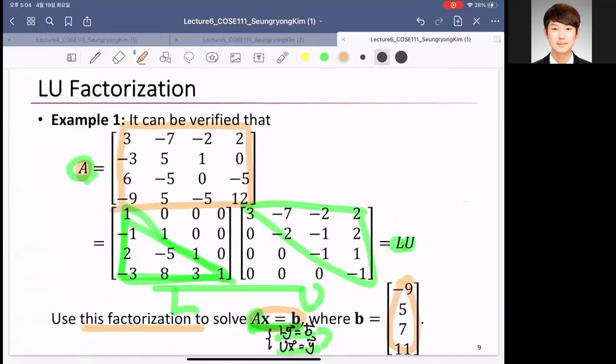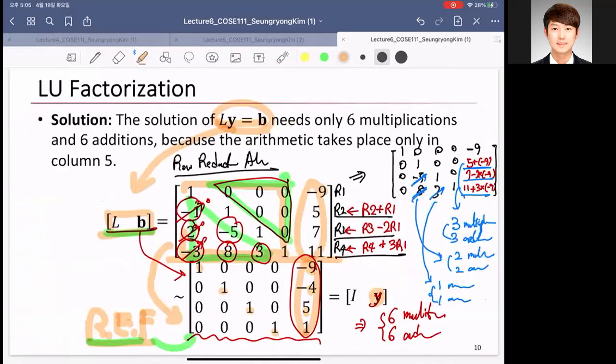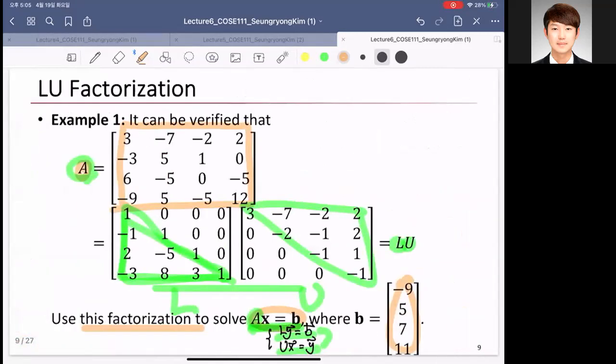We can see an example of why LU factorization is an efficient way to solve your linear system. First of all, if we already know L and U of this matrix A, then Ly = b is our first linear system.